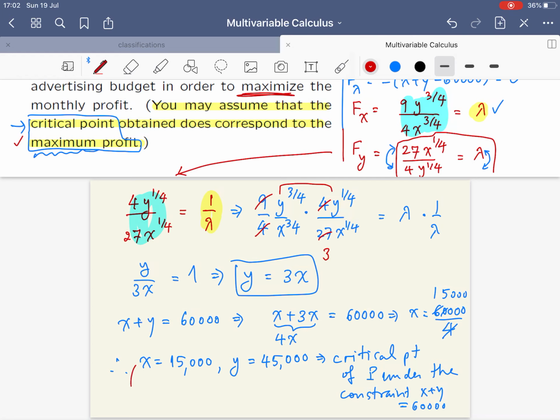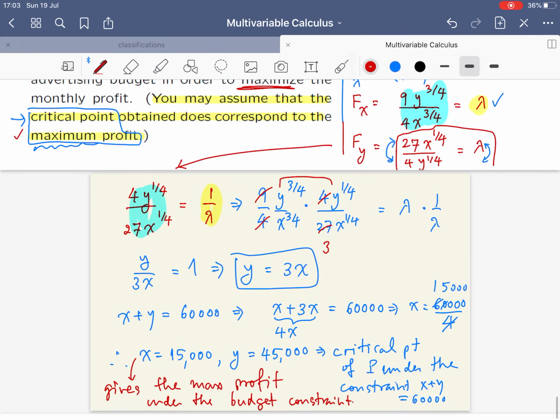So it means that this point, when your x is 15,000 and your y is 45,000, will give you the maximum profit under the budget constraint as well.